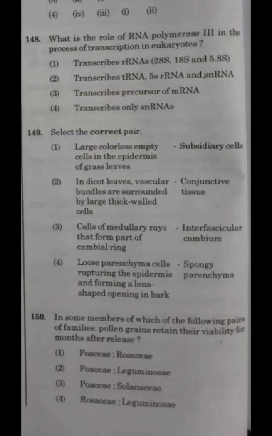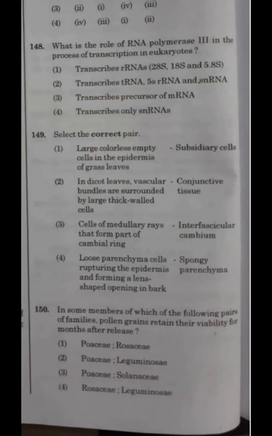In 149, again, we have to match the columns. Large colorless empty cells in the epidermis of the grass leaves are subsidiary? No, subsidiary cells are cells which are basically associated with the stomata. Those cells which are associated with stomata are called subsidiary cells.